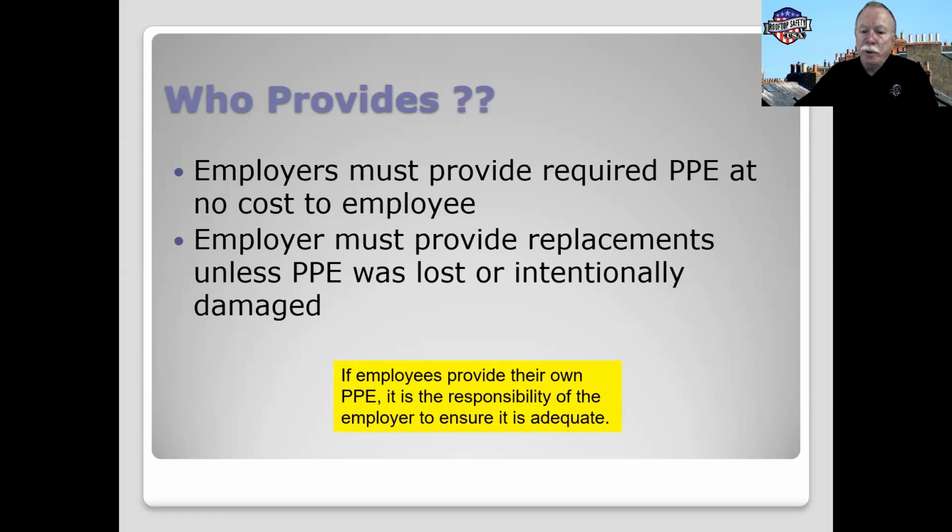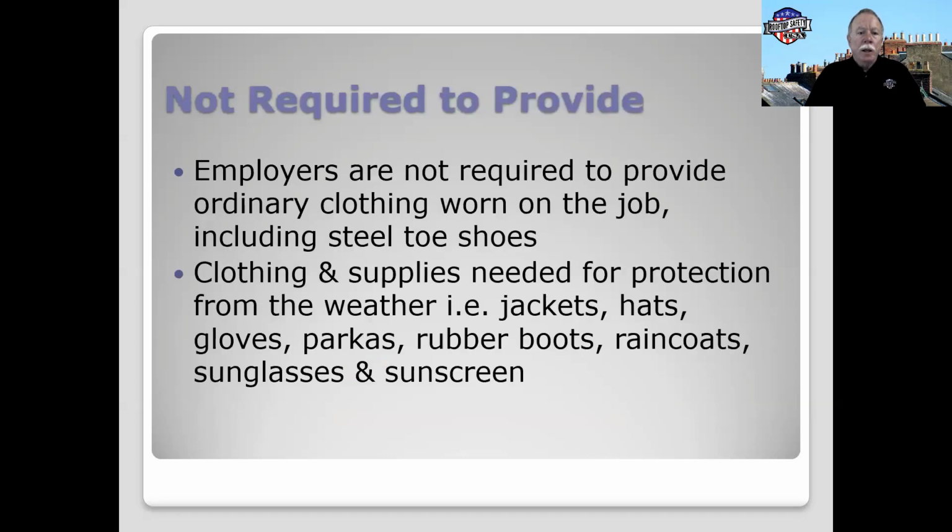If employees provide their own PPE, it's still the responsibility of the employer to make sure that it's adequate and it protects them properly. What things are you not required to provide?